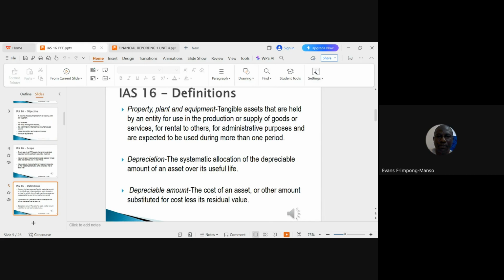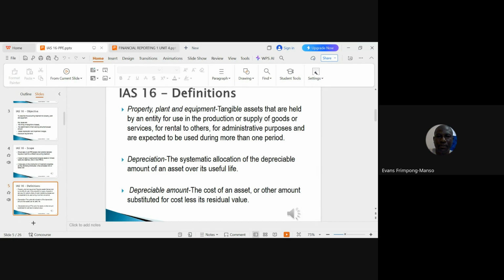So when we provide for depreciation, we share it over the useful life of the assets. And then we have to know the method that we can employ to calculate the annual depreciation on property, plant, and equipment.